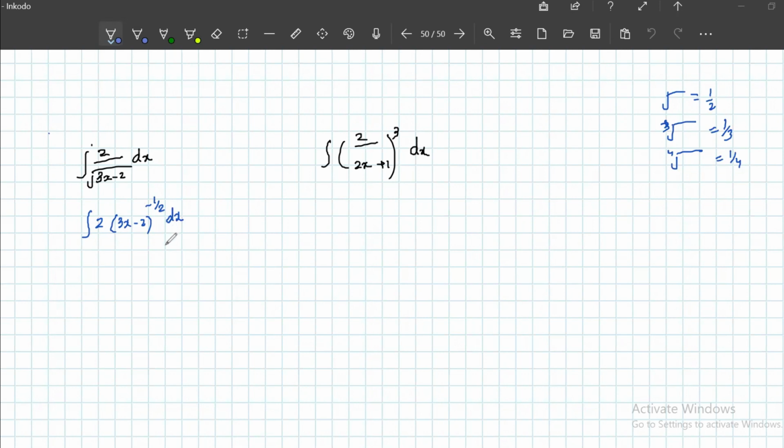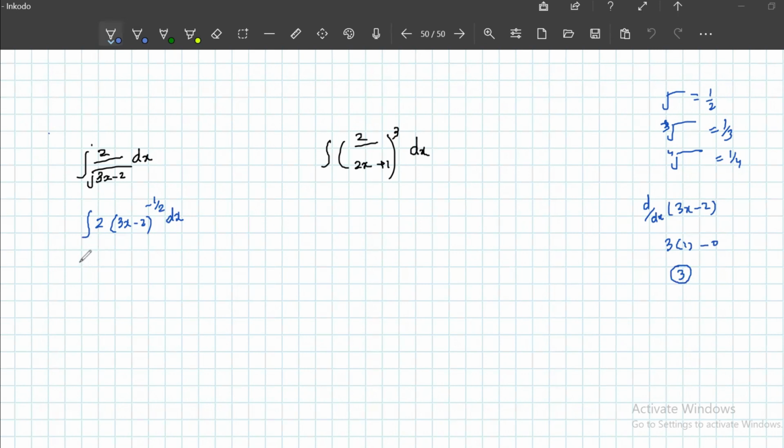Again, see the function 3x minus 2 has the derivative. If we check the derivative of 3x minus 2, that gives me 3 into 1 minus 0, which is equal to 3. So we must have the derivative 3. 2 will not help us.